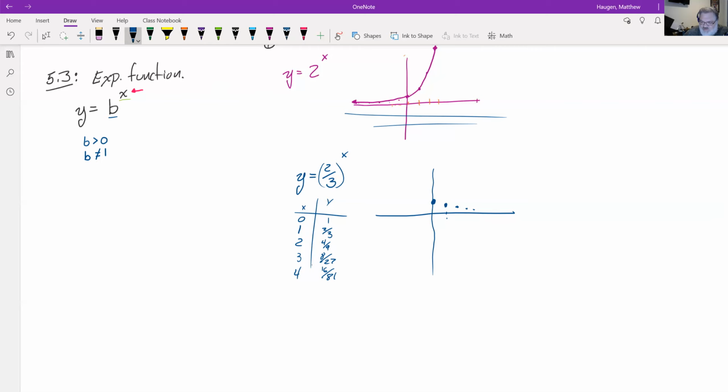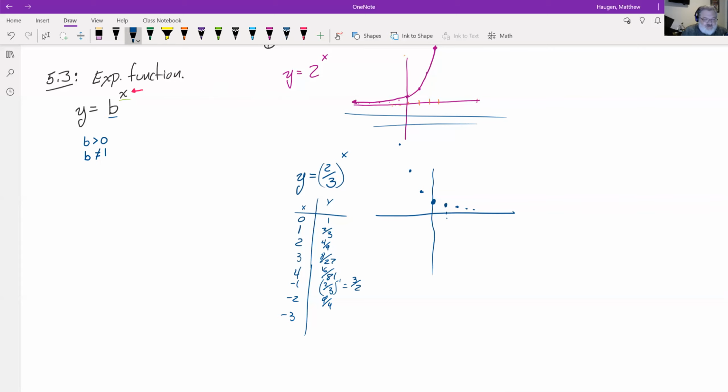Well, what would happen on the other side if we look at -1? Well, 2/3 to the -1 power is 3/2. Well, that got bigger. At -2, we'd have 9/4, which is bigger. At -3, you can see what's happening here, right?